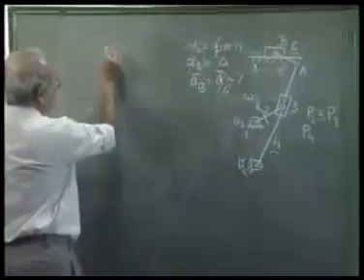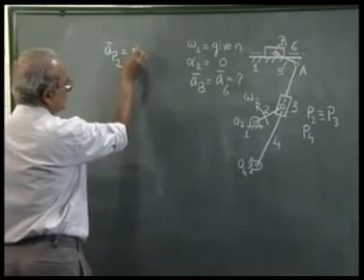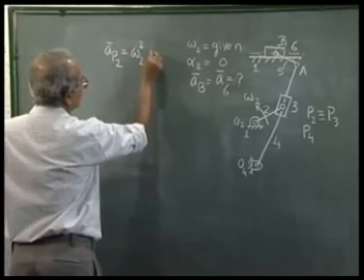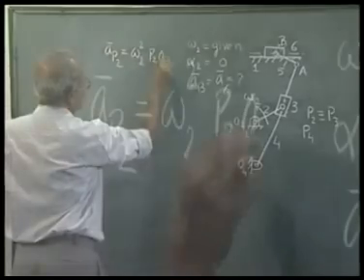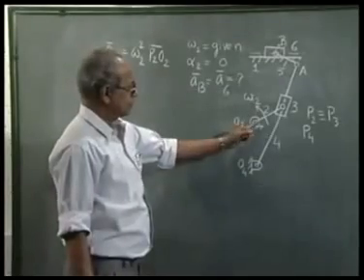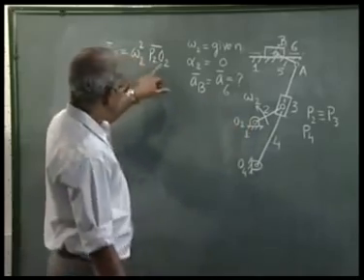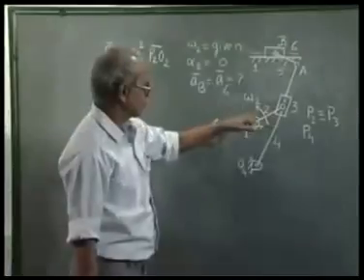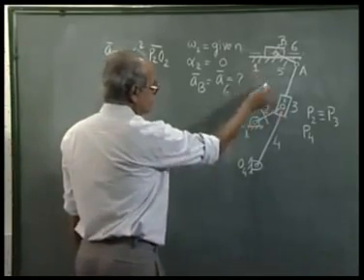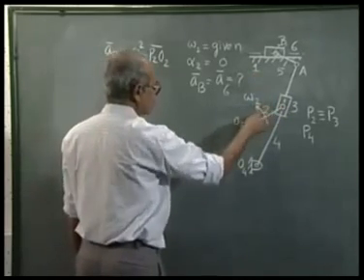Now acceleration of the point P2 is omega 2 squared P2 O2, because this point is fixed, so P2 is going in a circle. The acceleration of P2 is towards O2, that is P2 O2, the direction, and omega 2 square. If there is alpha 2, then I will have also a transverse component that is perpendicular to O2 P2, which is alpha 2 cross O2 P2.